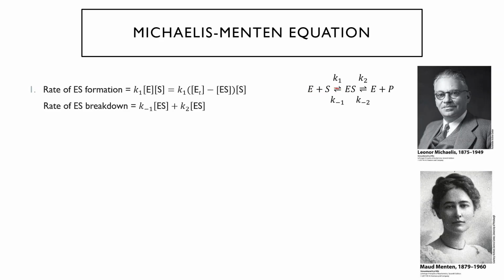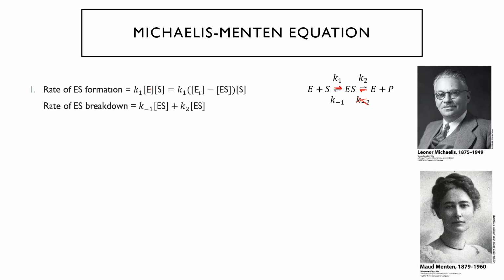That's this reaction here. Or it can be formed by the enzyme converting the product back into the substrate and reforming the enzyme substrate complex. But initially we don't need to worry about that, because this reaction is so slow, especially with the product concentration being basically 0, that it's not really going to matter.